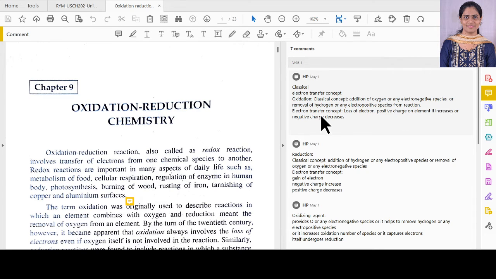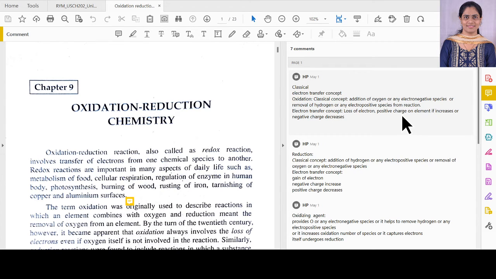In terms of the electron transfer concept, we have seen it is loss of electron. Okay, that is oxidation. When an electron is lost out of the system, the positive charge on the element increases, the element that has lost the electron, then also it is oxidation.